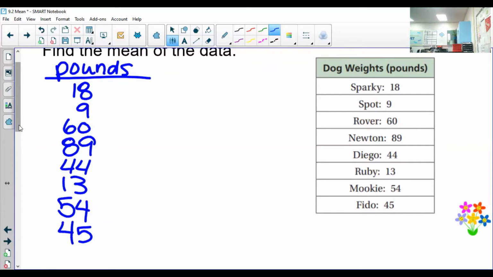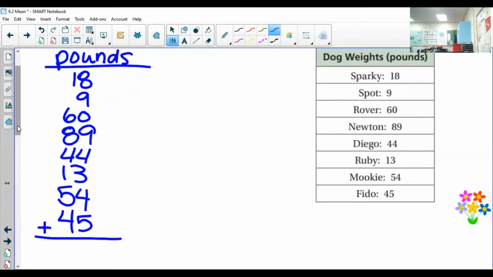All right, now that I have all my data lined up, we are going to add them together. Again, if you want to put it into a calculator, you can, or just work it out on the paper. I've added them up, and it comes to 332. Now I'm going to divide by how many numbers there are: 1, 2, 3, 4, 5, 6, 7, 8.